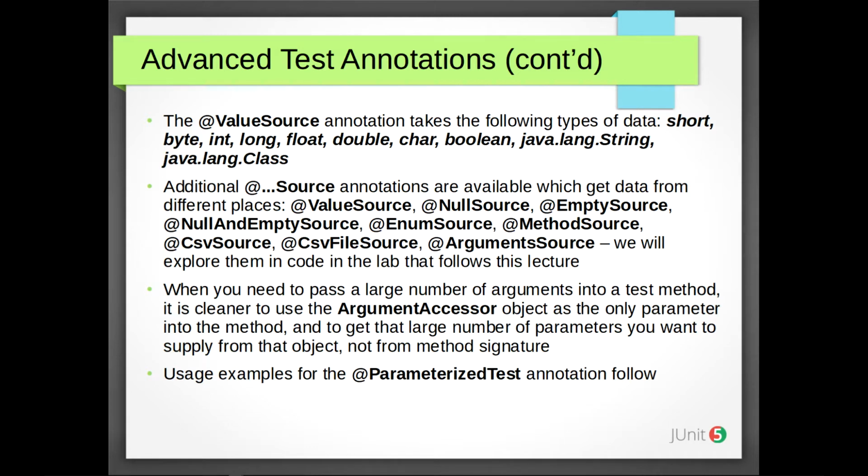Additional source annotations are available, which get data from different places: @ValueSource, @NullSource, @EmptySource, @NullAndEmptySource, @EnumSource, @MethodSource, @CsvSource, @CsvFileSource, @ArgumentsSource. We will explore them in code in the lab that follows this lecture, and now I am going to make about a 60-second pause for you to write out all the source annotations.